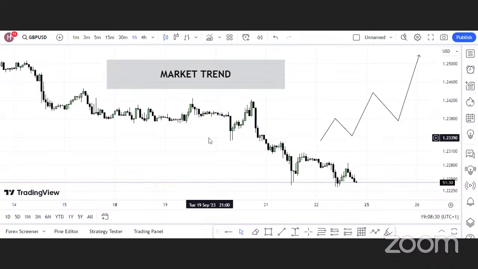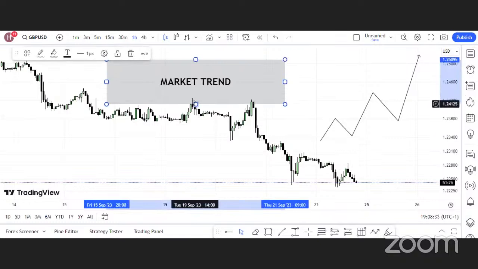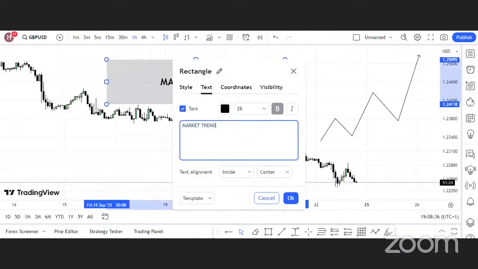Then we have the bearish trend. Let me write that out so that you get the proper spelling. Type of market trend. We have the bullish trend, and then we have the bearish trend.